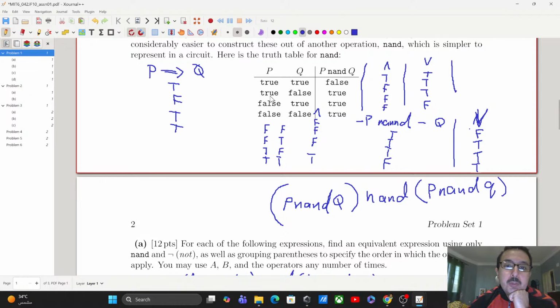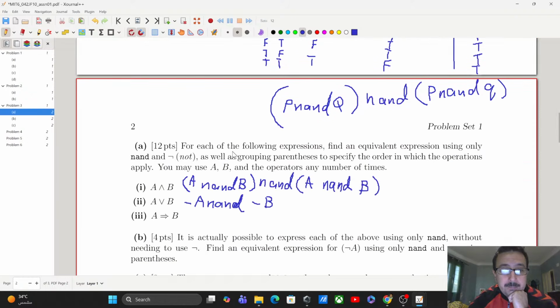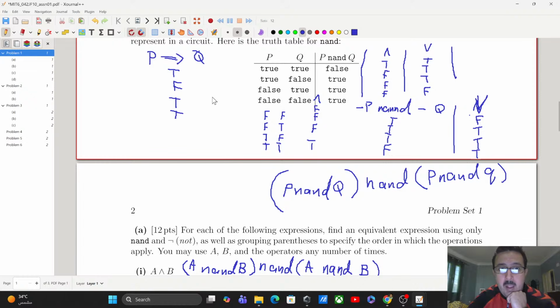It's only when this is true and this is false that it is false. So what it says here, lines B, TFTT, TFTT. So what are we having?